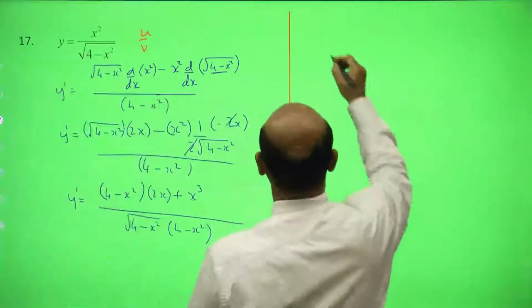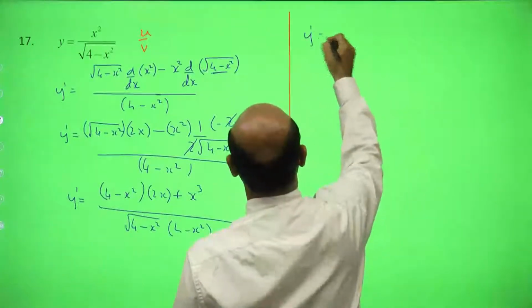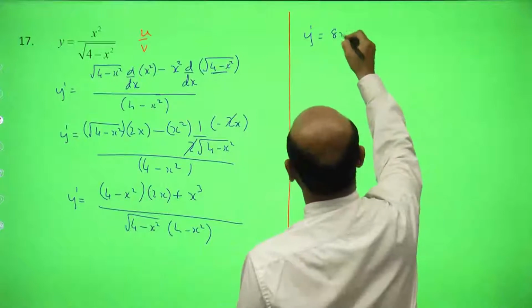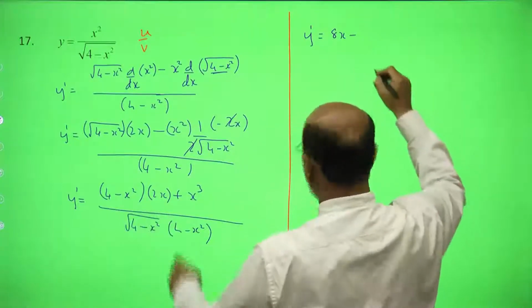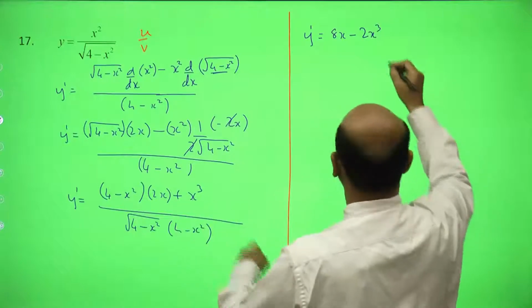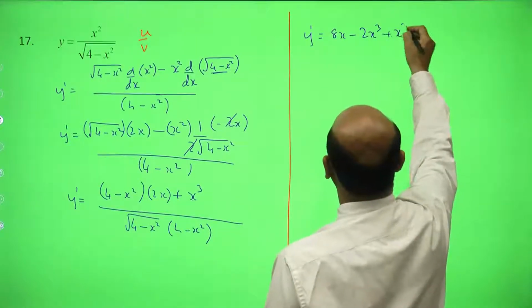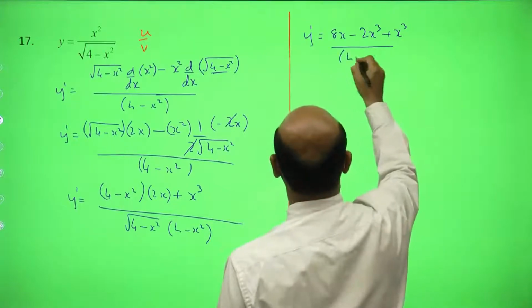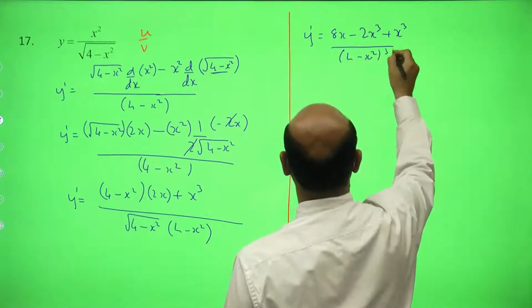So what has happened now? See, y dash, or you can also say dy by dx, is equal to 4 times 2x minus 2x cube plus x cube upon, I can write this as 4 minus x square raised to 3 by 2.